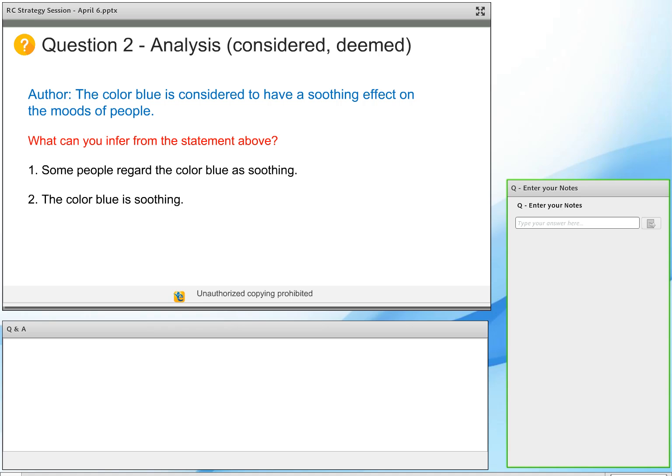Now read this statement on the screen. The color blue is considered to have a soothing effect on the moods of people. So what can you infer from this statement? Select yes if you can infer statement 1, select no if you infer statement 2.